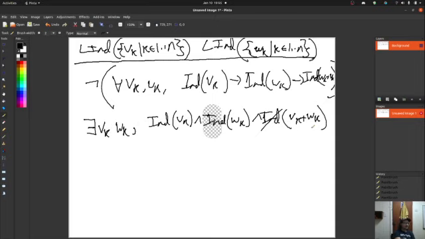So since I can pick any n I want, I'm going to pick 2. I'm going to make a linearly independent list of size 2. So let's go 1, 0, 0, 1. Let vk equal 1, 0, 0, 1.